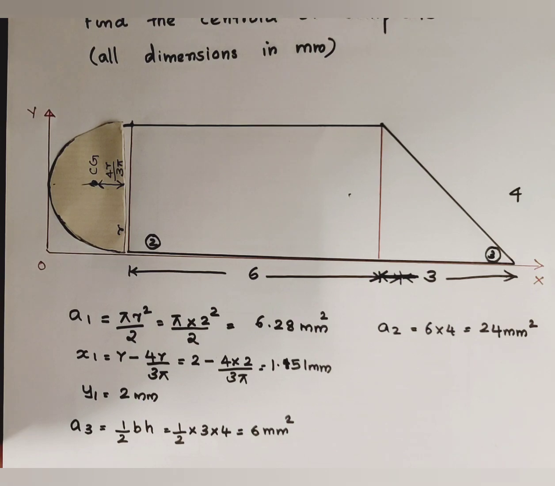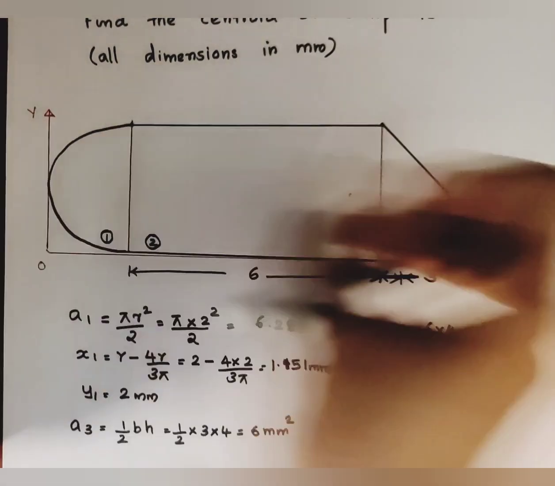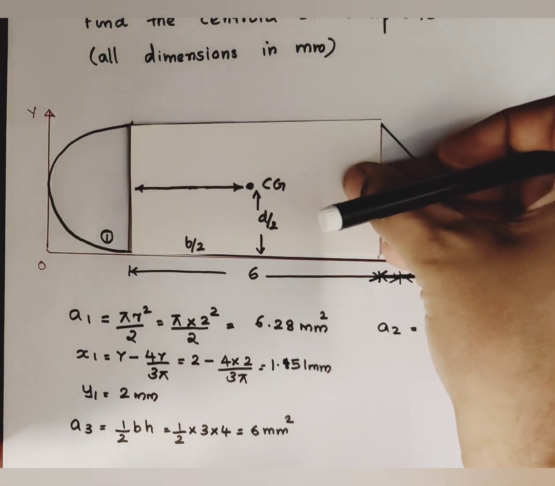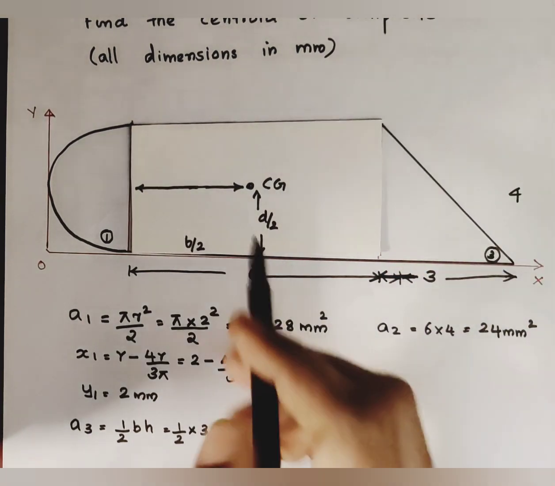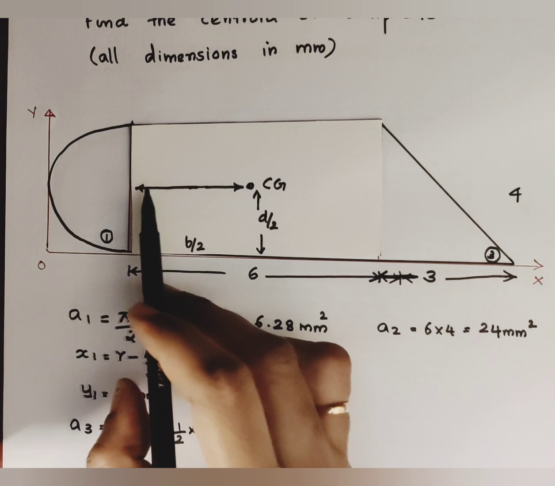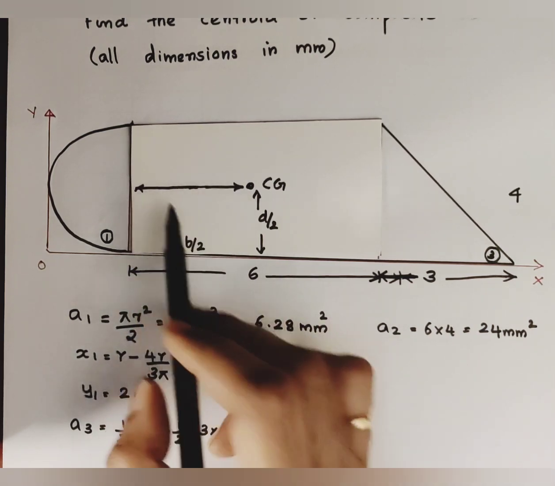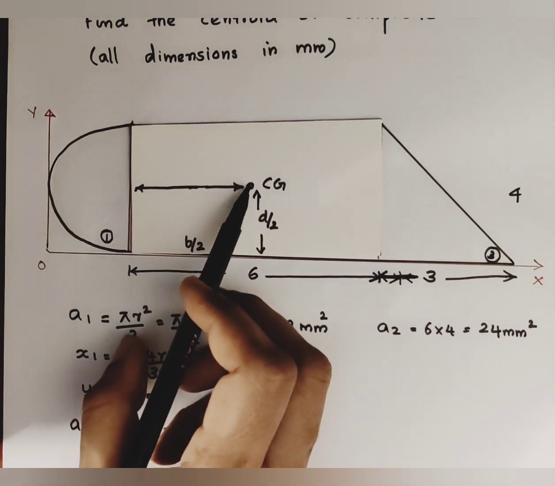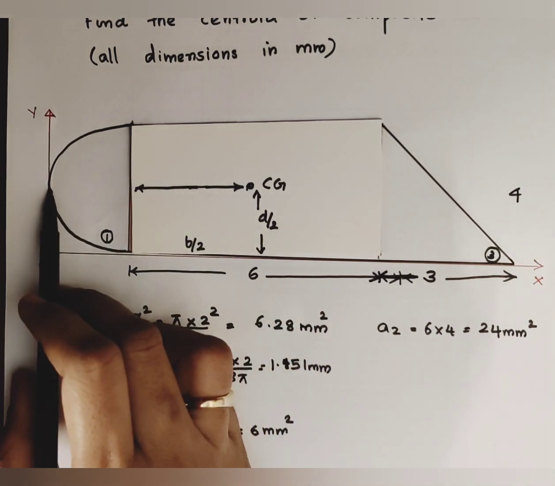Now for the second figure, a rectangle. The CG of the rectangle from this end is equal to b by 2. You have to measure the distance of the centroid from the OY axis.